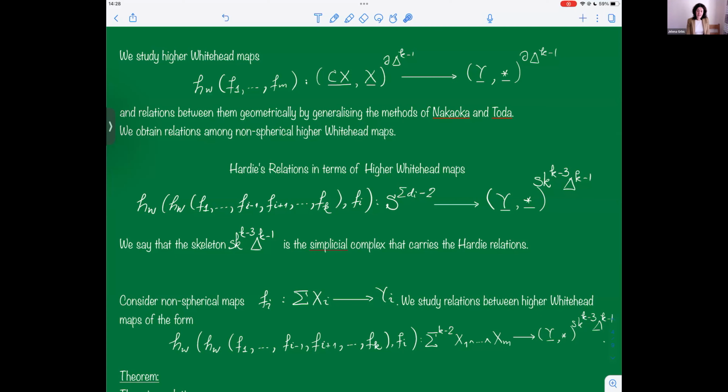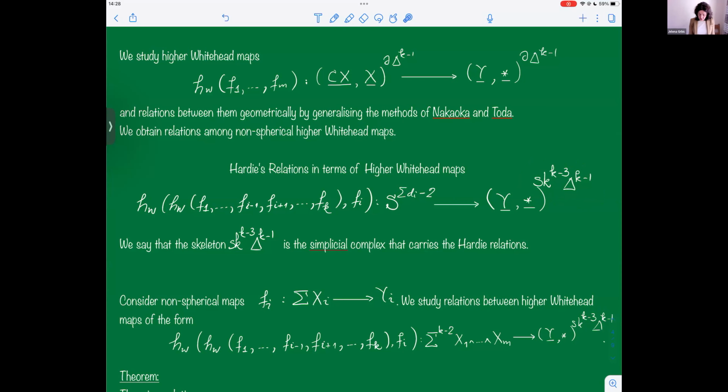So using the combinatorics of that skeleton, we can completely reconstruct the Hardie's relation, the identity, and we say that the skeleton of this simplex is the simplicial complex that carries the relation.